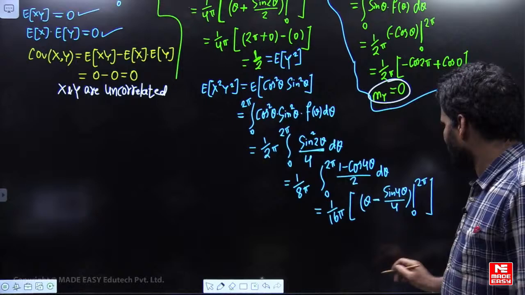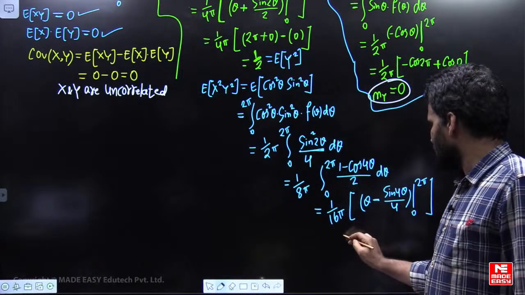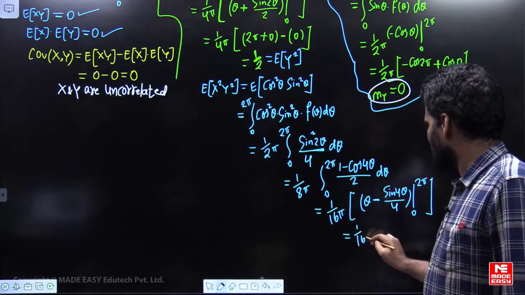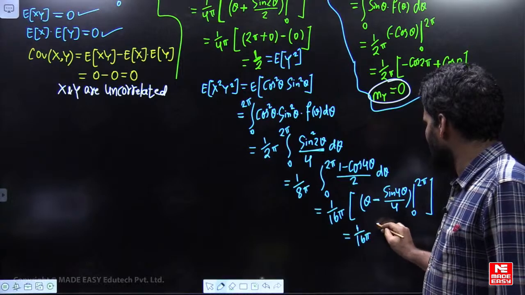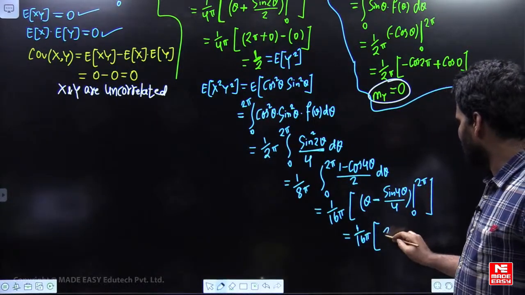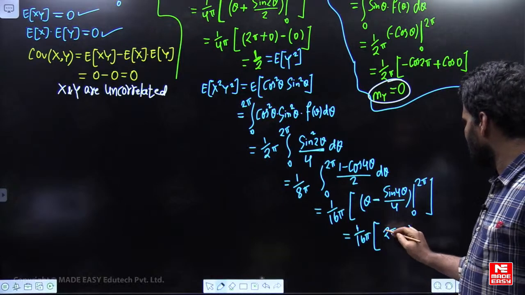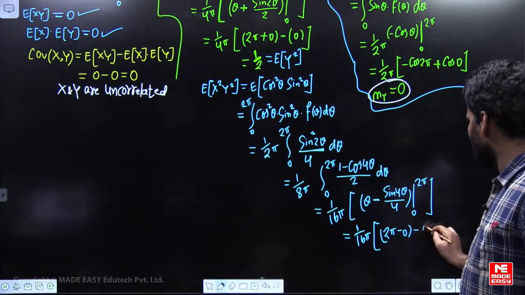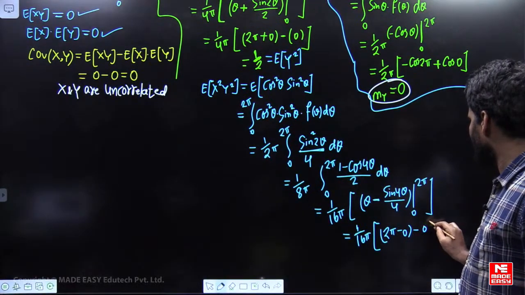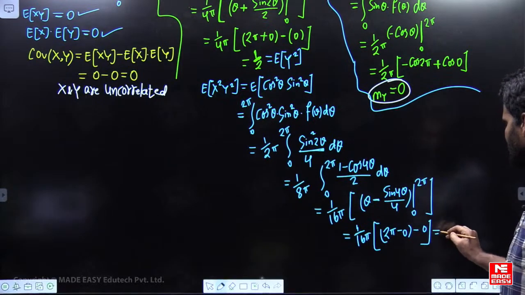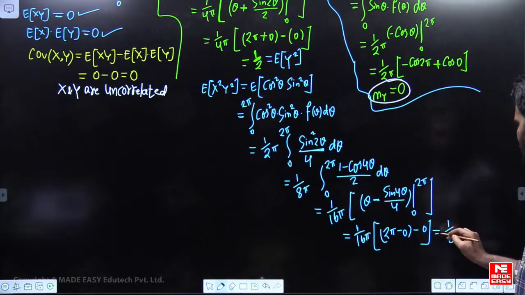Substituting the upper limit, in place of theta 2 pi, sine 8 pi will be 0, minus the lower limit, which is 0 only. So 2 pi upon 16 pi, that is 1 by 8.